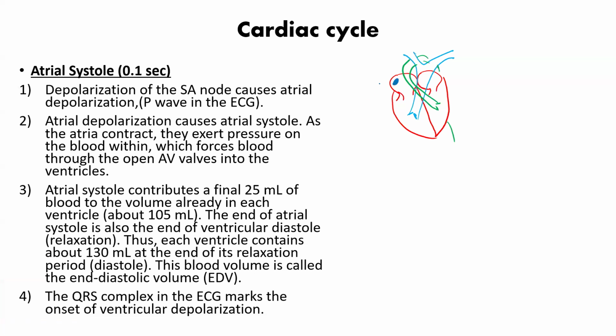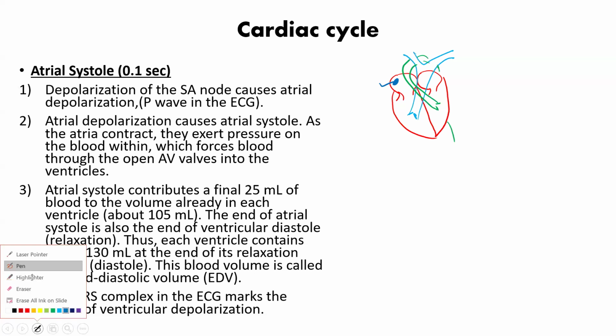Once the action potential is generated in the SA node, which coincides with the P wave of the ECG, atrial systole will start. Because of the atrial systole, a contribution of 25 ml of blood is made to the ventricle, which was already having 105 ml.